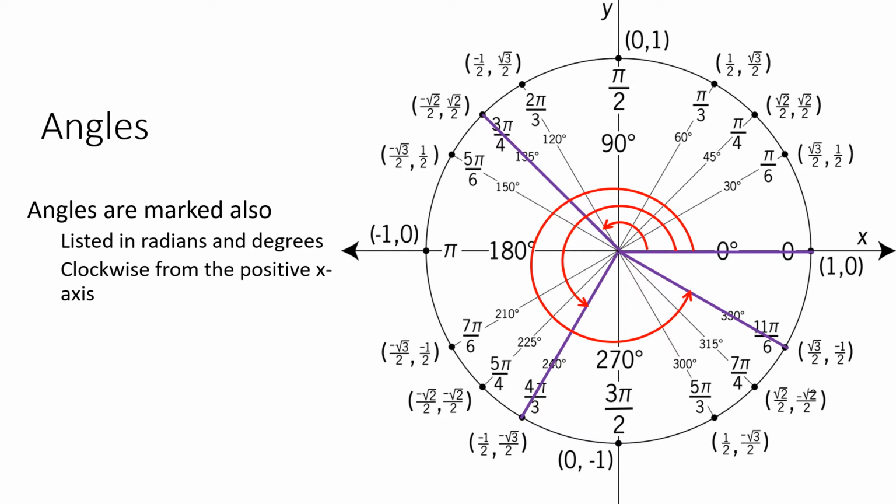So these angles seem to be specially labeled. There are 360 degrees, so this is 330, and the next one will be 360, which is just back at 0. There's also 2 pi radians. So every circle has 2 pi radians, which is another way of describing the angles.